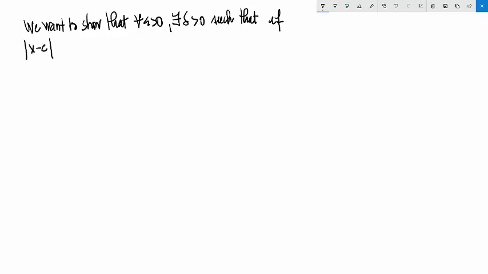We want to show that for every epsilon which is greater than 0, there exists a delta which is positive, such that if the distance between x and c is less than delta, then the distance between g of f of x and g of f of c is less than epsilon.